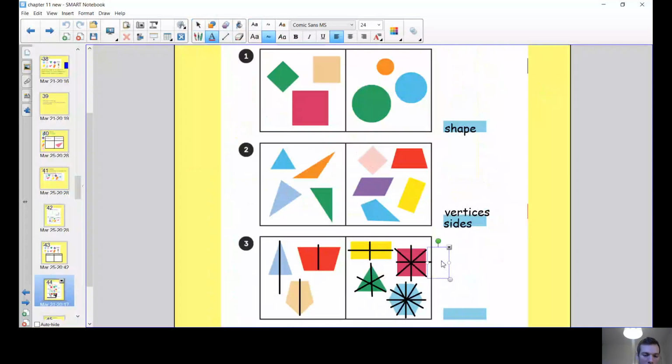So I could say that I'm using symmetry to sort them: one line, or more than one. Okay, so you can see there's loads of ways we can sort these shapes.